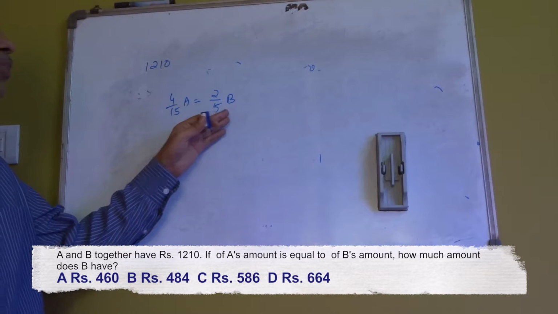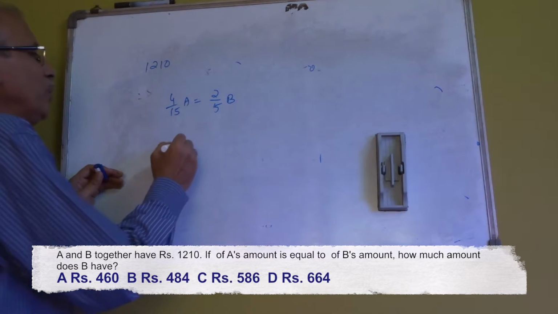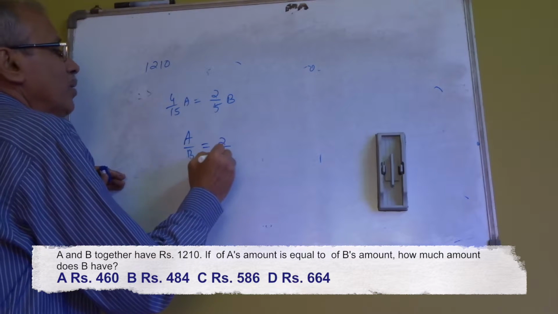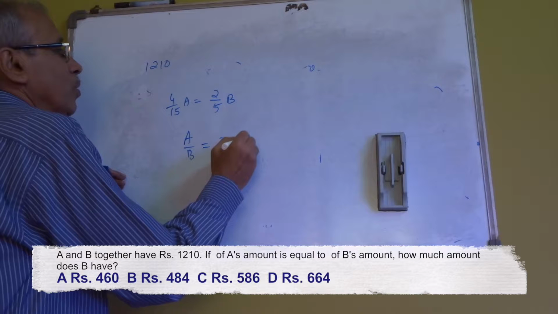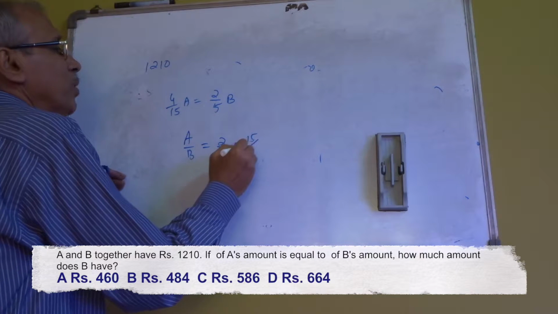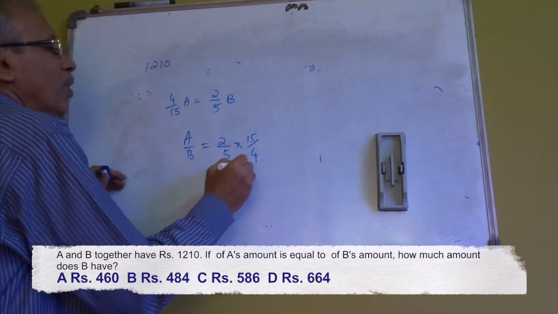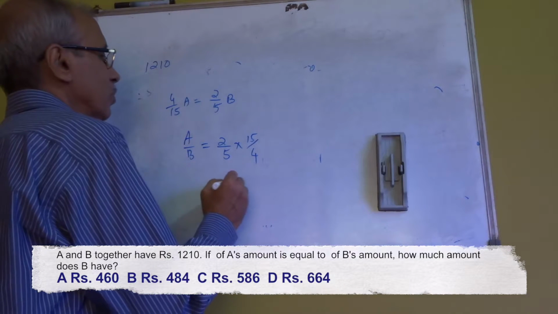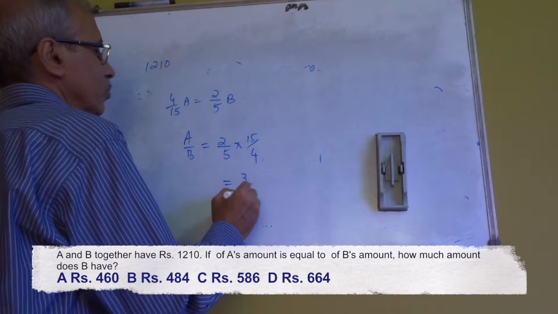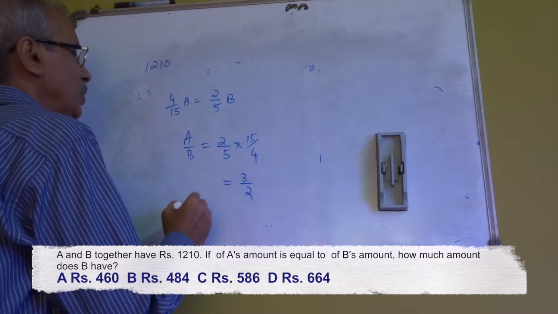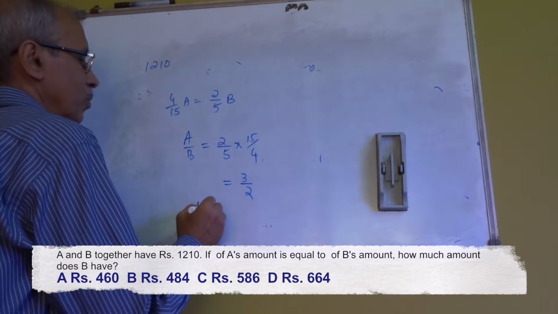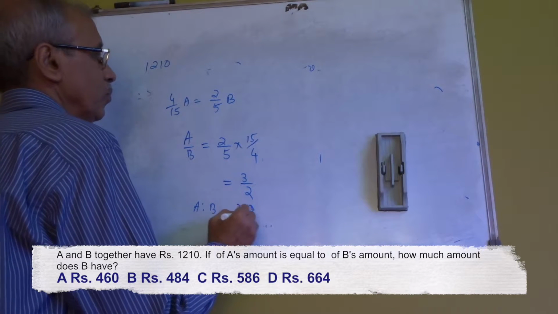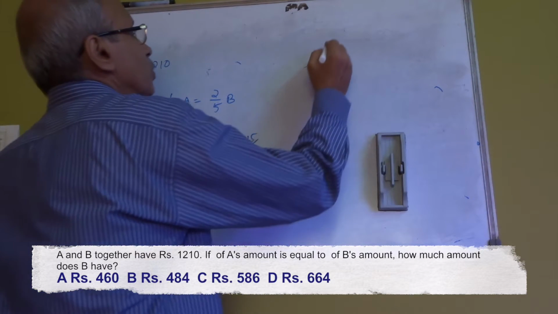What is B's amount? So A by B is 2 by 5 divided by 4 by 15, or multiplied by 15 by 4. That is 3 by 2. So A is to B is 3 is to 2. This 3 is to 2 is the ratio.